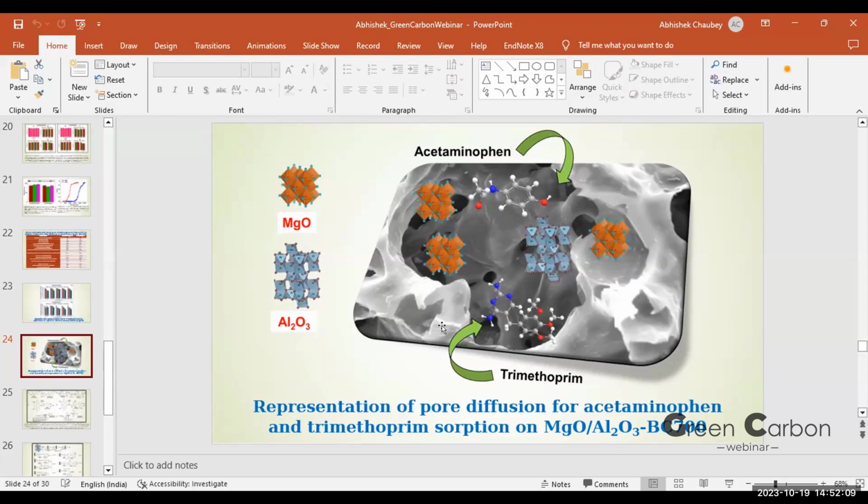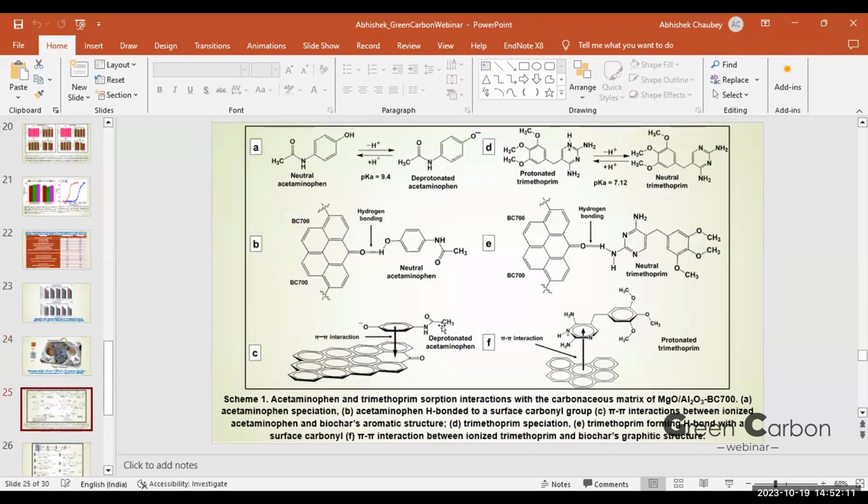This is a possible interaction. We also looked at the individual components: we have biochar, magnesium oxide, and aluminum oxide, and we try to conclude on all three in our interaction portion.